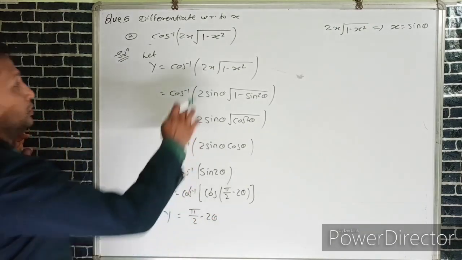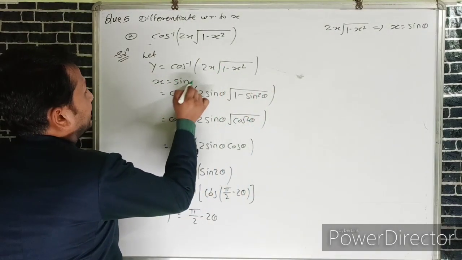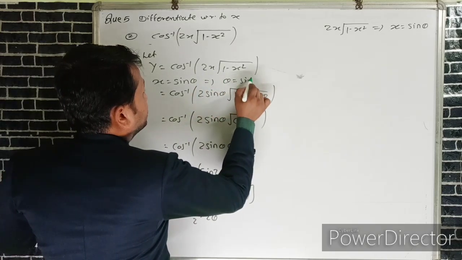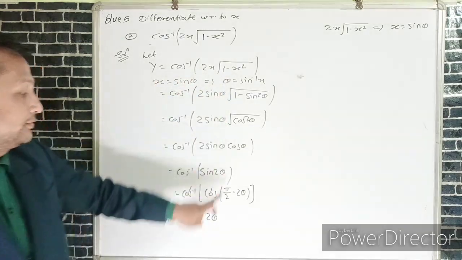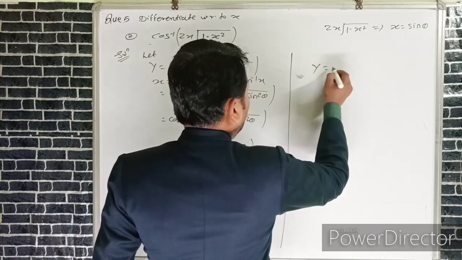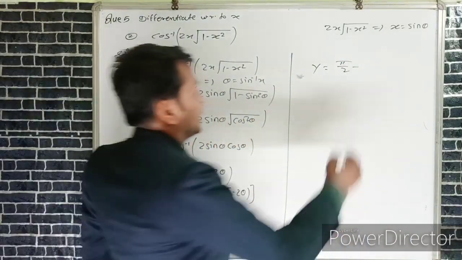When we substitute x as sin theta, we can evaluate theta as sin inverse of x. Now we can replace theta with sin inverse of x, and write y is equal to pi by 2 minus 2 into sin inverse x.